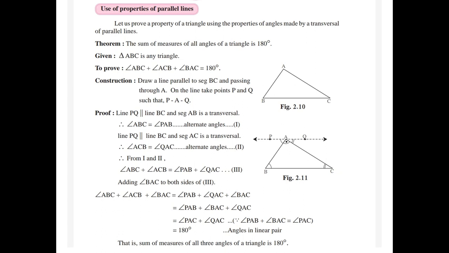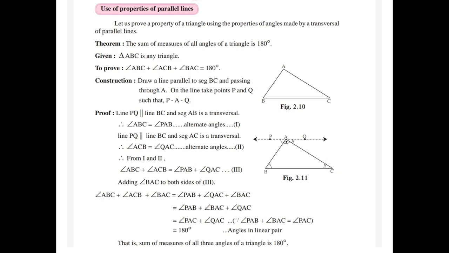So looking at those parallel lines and the transversal, I'll write the next pair of alternate angles. So angle ACB is equal to angle QAC. You can see over here QAC and ACB, it makes a Z over here also, a reverse Z. So that's number 2, the second pair of alternate angles.